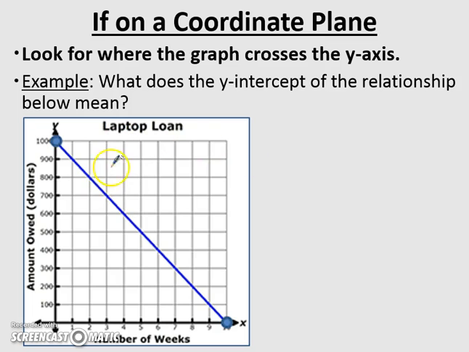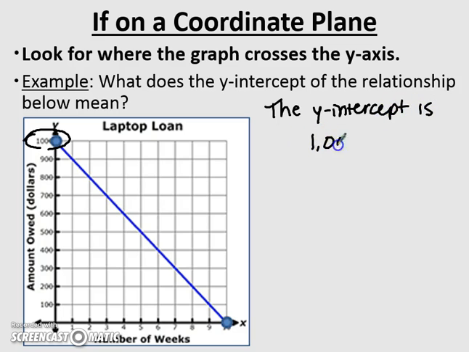The y-intercept is found on the y-axis. So if we go up the y-axis until we find where the blue line touches, we see that it touches here at 1,000. So the y-intercept is 1,000.